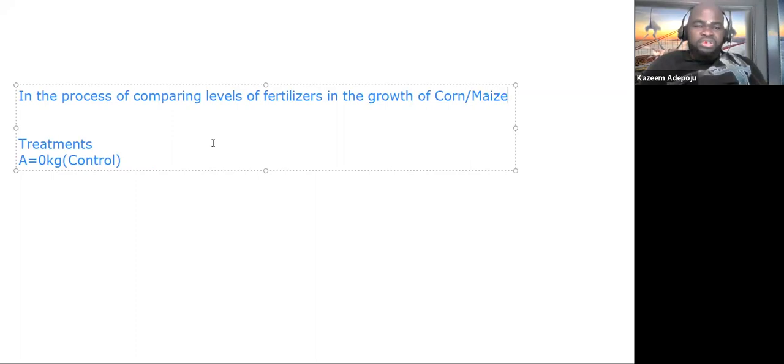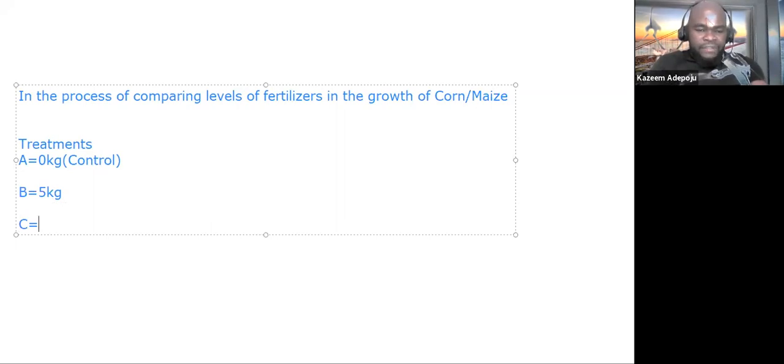So maybe the first level of my treatment is that, and the second one, maybe I apply 5 kilogram of fertilizer. The third one, maybe I apply 10 kilogram. The next one, maybe I apply 15 kilogram.